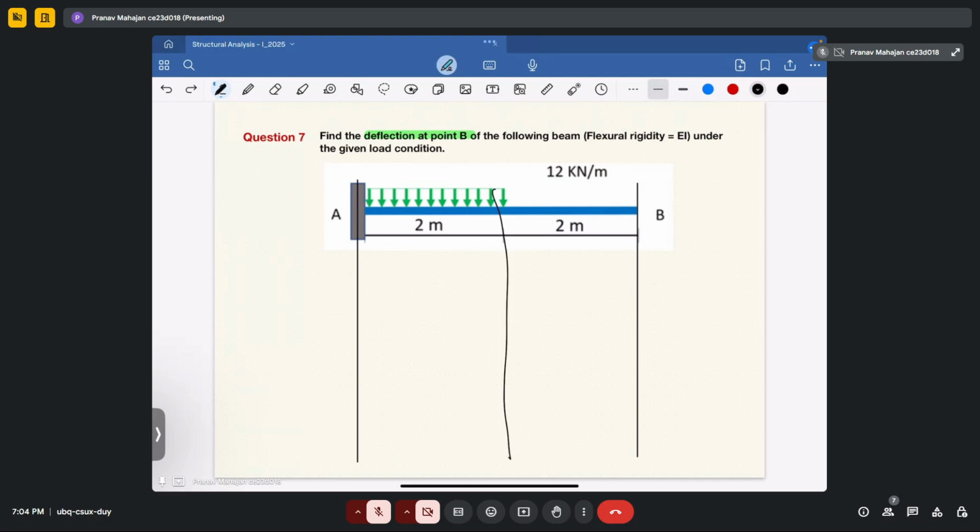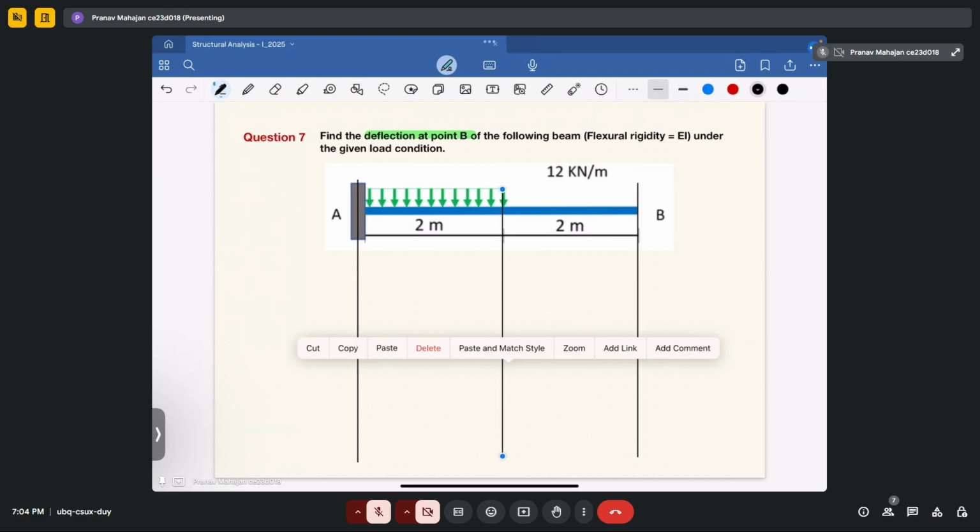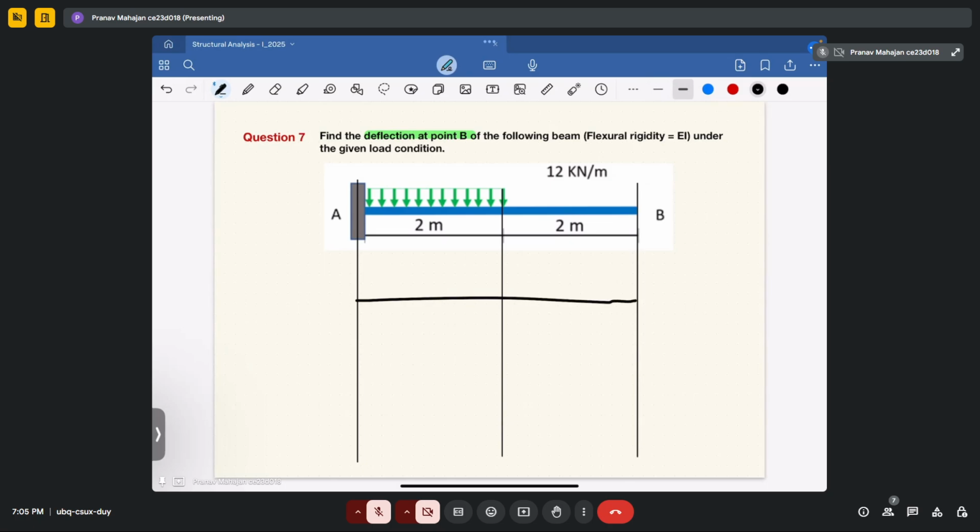Okay, so if we draw the bending moment diagram of this whole section, and we take the moment of the area, it will give us the deflection at point B. So what will become? So in this case, the bending moment profile will look like this.